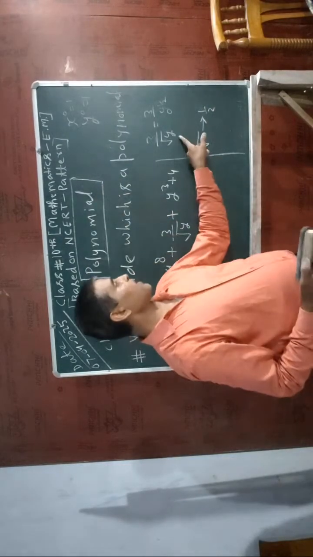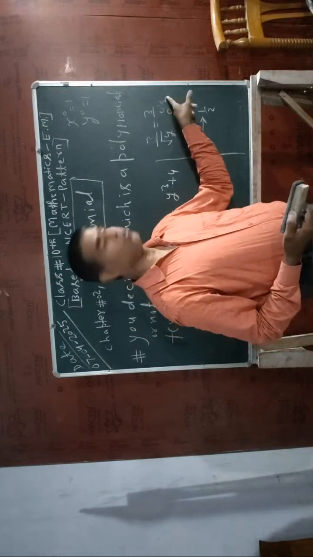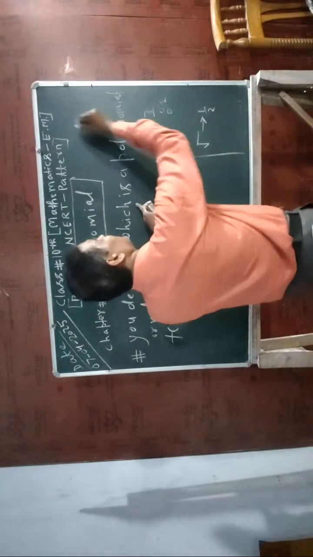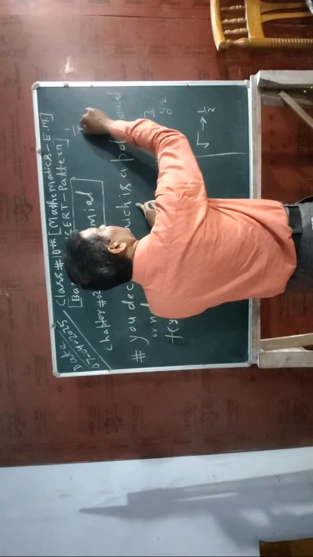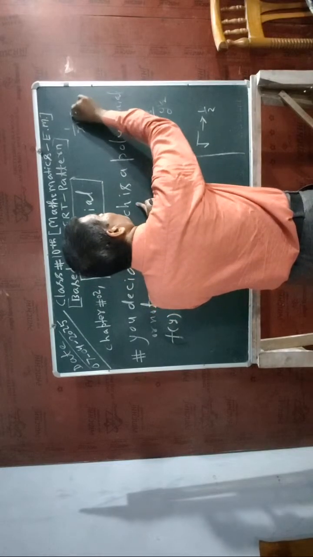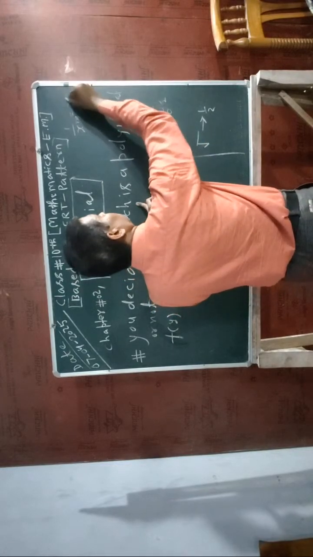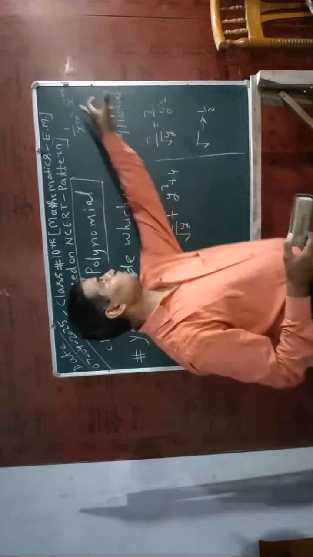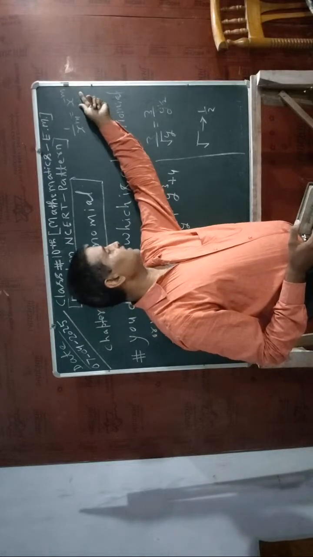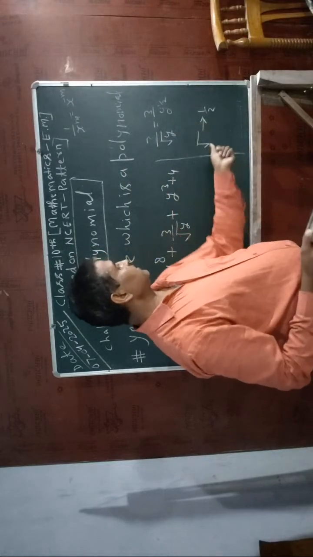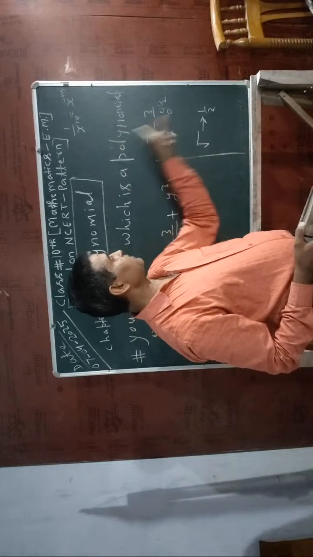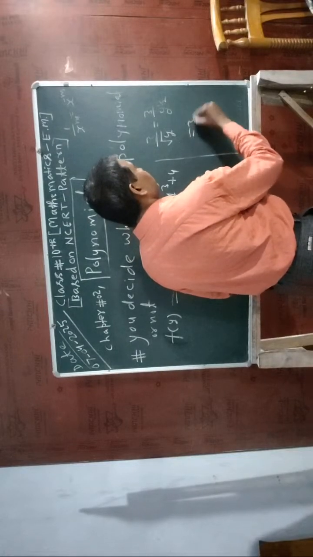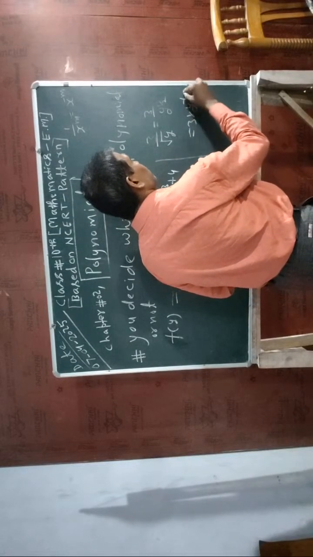In the previous question I already told you, 1 divided by x to the power m can be written as x to the power minus m. I will use this concept here, so it becomes 3 into y to the power minus 1 by 2.